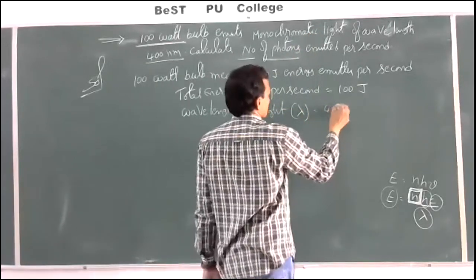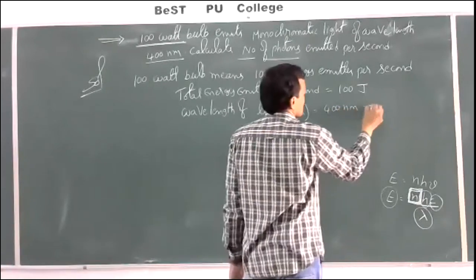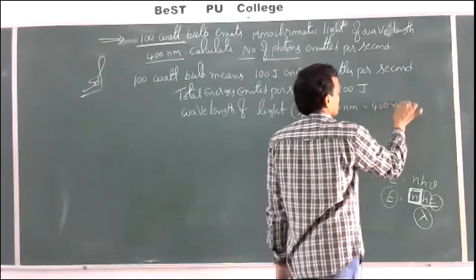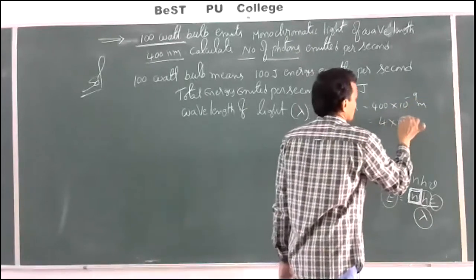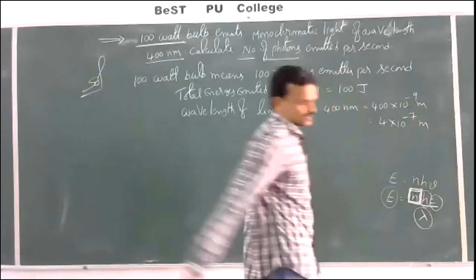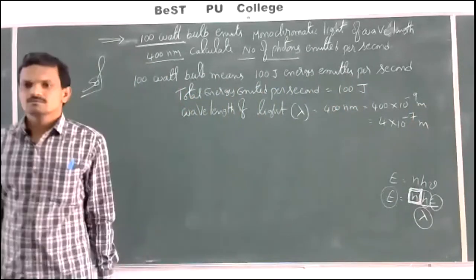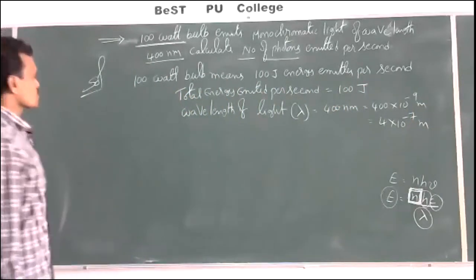This is given as 400 nanometers. That is equal to 400 into 10 power minus 9 meters, which is equal to 4 into 10 power minus 7 meters. This is the wavelength.